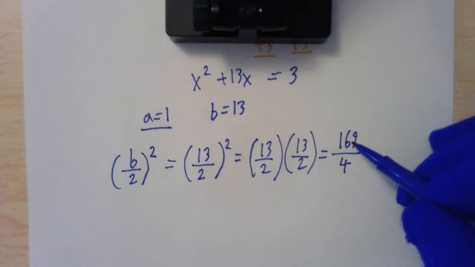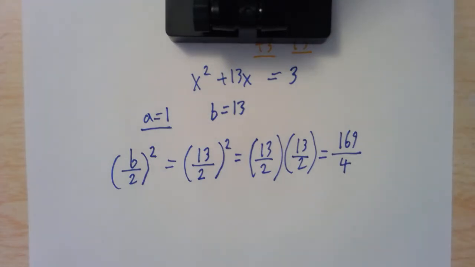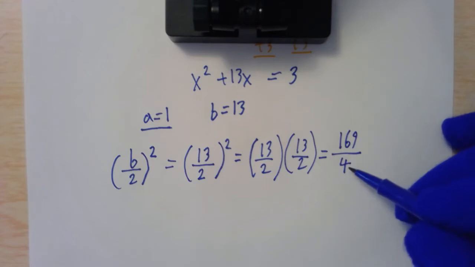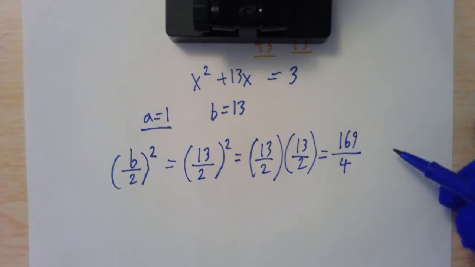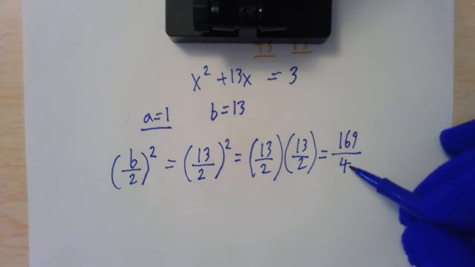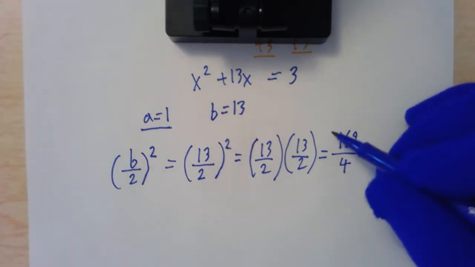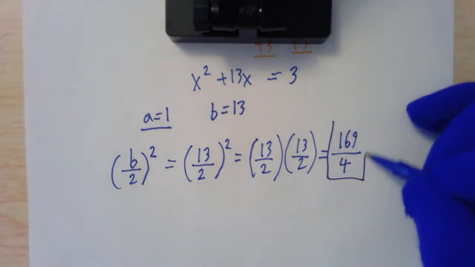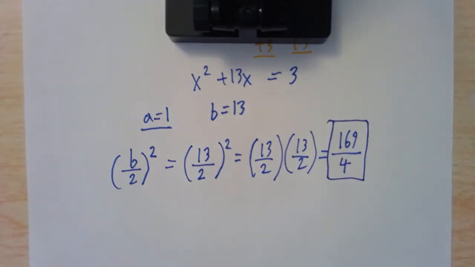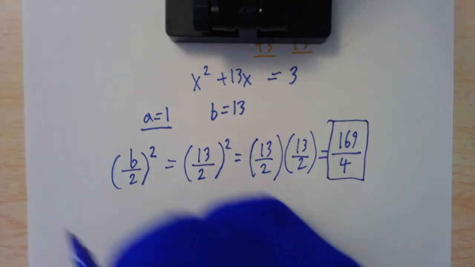Always double check to see if this can divide and give you a whole number. If it divides and gives you a whole number, then give that whole number. But I know this odd number divided by 4 is not going to give me a whole number, so I'm going to leave it as 169 over 4. In the future, when we finish the steps of solving by completing the square, you'll see the usefulness of leaving this in fraction form. All right, let's do another one.